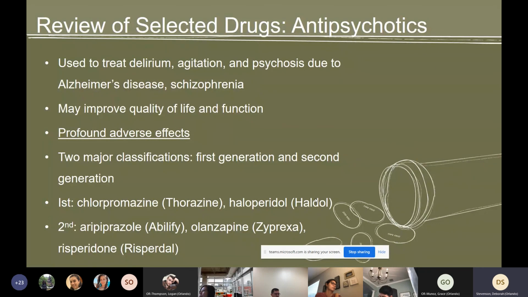It's not important to know whether it's a first generation or a second generation, but just know that you're familiar with these. Chlorpromazine, which is Thorazine, haloperidol is Haldol. I know we've heard of Zyprexa, olanzapine. We see a lot of commercials on TV for that drug, and Abilify, aripiprazole, and of course risperidone, which is Risperdal. So lots of antipsychotics our patients are on.